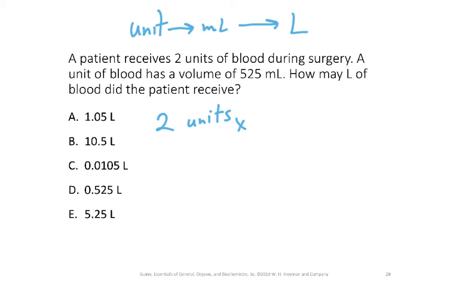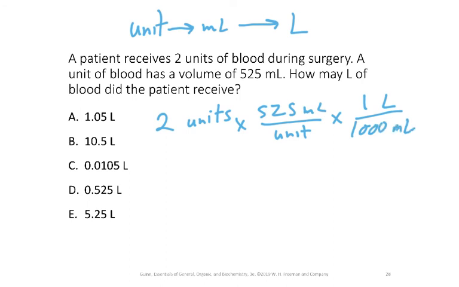So I know that I have 525 milliliters per unit, and 1 liter per 1,000 milliliters. So this would get me units canceled, milliliters canceled, and we're left with liters. So 2 times 525 divided by 1,000 is 1.05 liters.